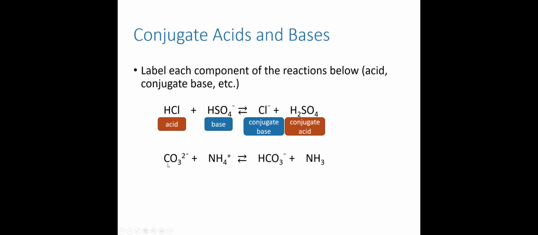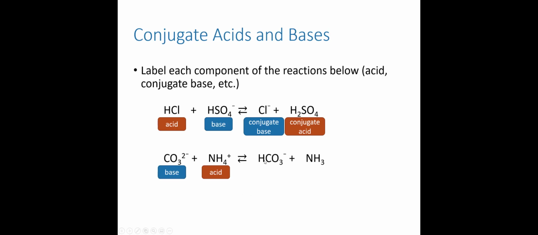So if it has no protons to donate, it cannot be an acid. It cannot be at least a Brønsted-Lowry acid. So the acid is the ammonium ion. That would make the carbonate ion the base. So the conjugate acid is what you get after the base has added an H+.